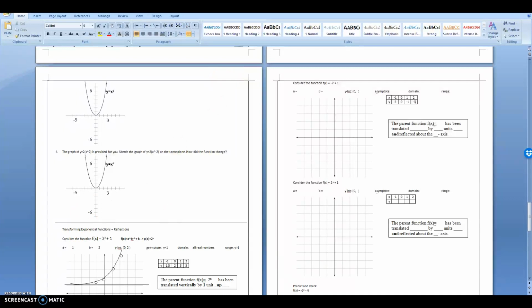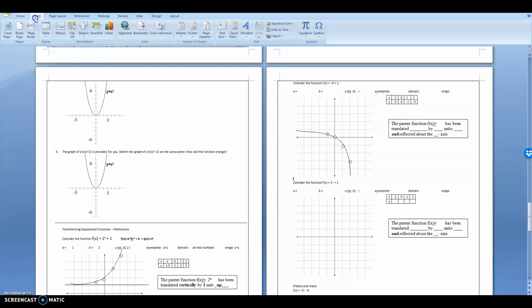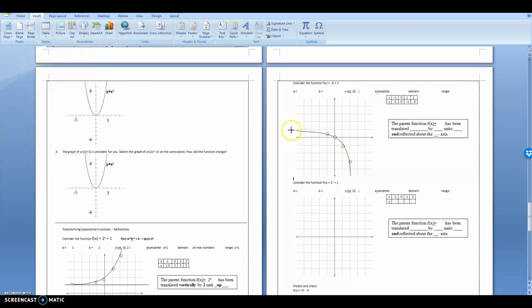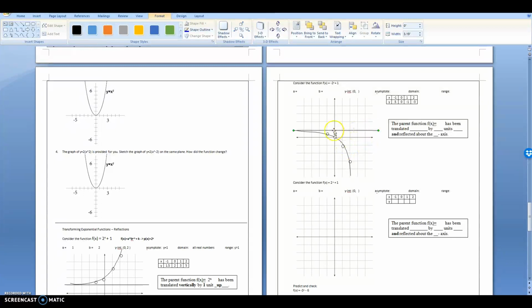So let me quickly plot these. I plotted the points and connected the lines, and this is what we have. Okay, so you guys can kind of see how this line has a horizontal asymptote here.